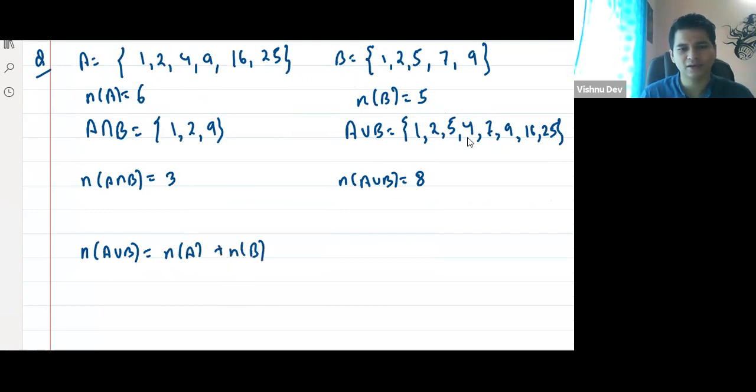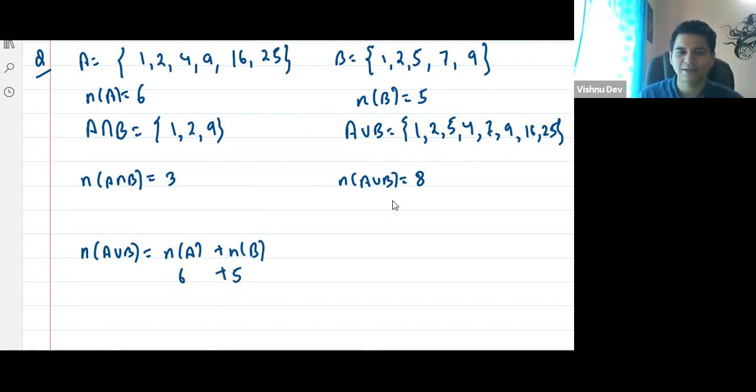Tell me, or is there something wrong? The elements of A and B have some common elements, so we cannot actually add both the numbers of elements. Exactly. If you add these two, it will become 6 plus 5, 11. But we have 8 elements.